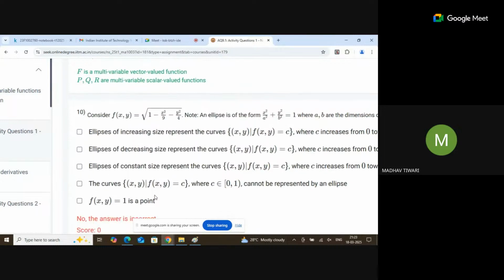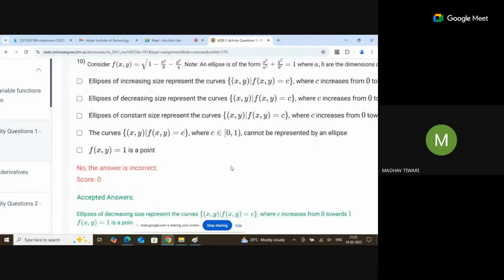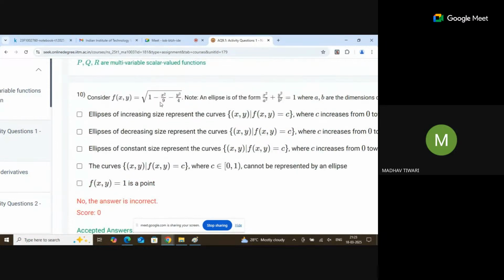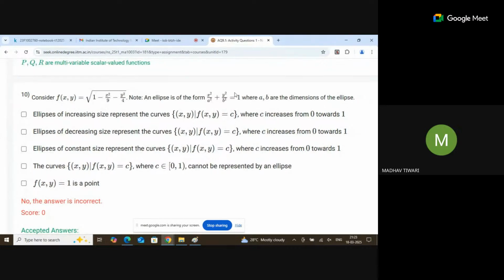After this, it is given. In this one, you have to consider a function. It is given like this, and an ellipse in the form of this. If the ellipse is in the form of this, then a and b are the dimensions of the ellipse.